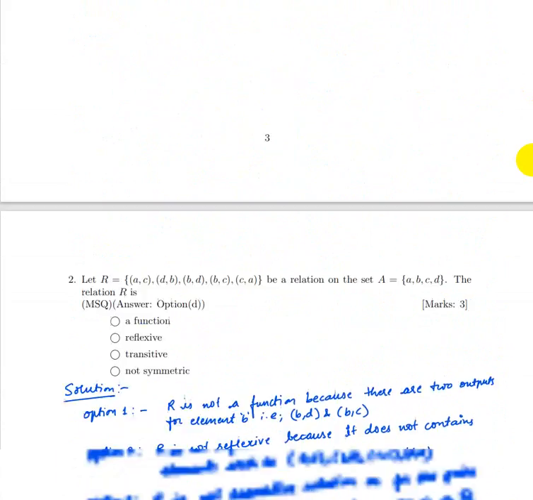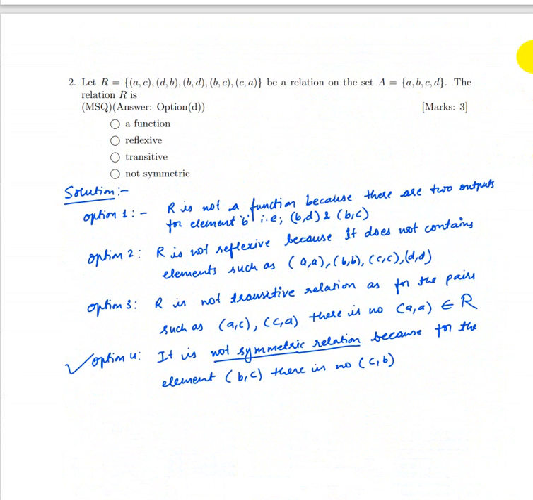Now let's move forward. This question says that R, the given relation, is a relation on the set {A, B, C, D}. Is the relation R a function?